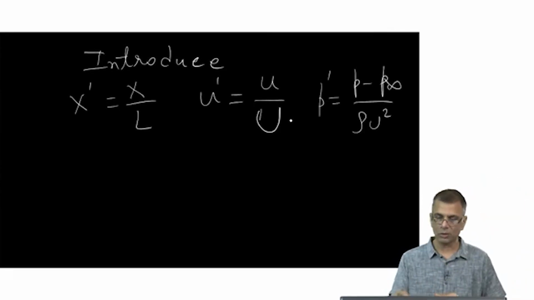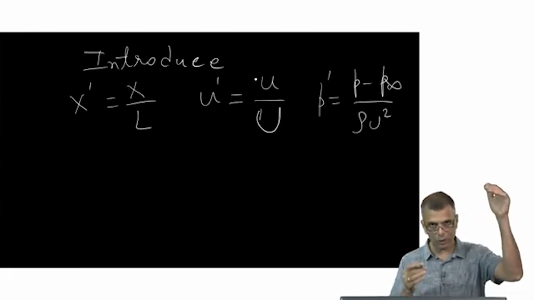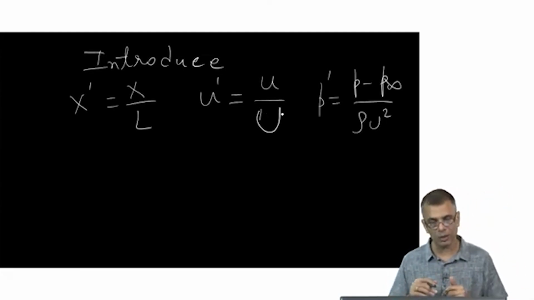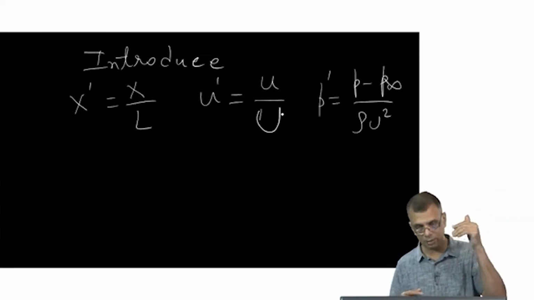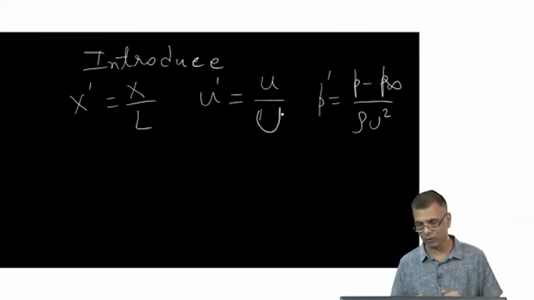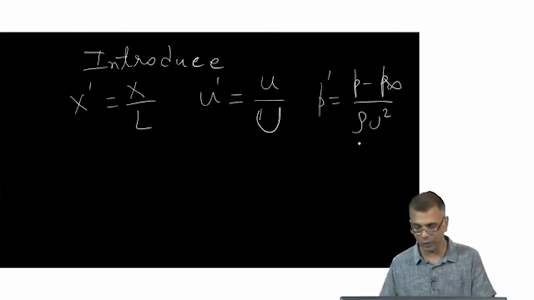So you non-dimensionalize the velocity everywhere, close to the sphere as well as far away, with capital U. And you non-dimensionalize the pressure in units of rho U squared.